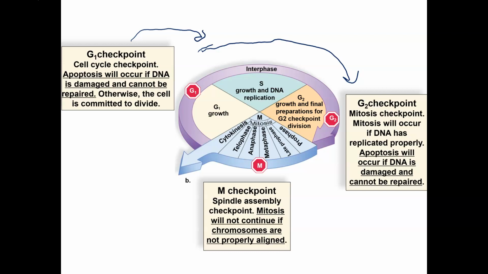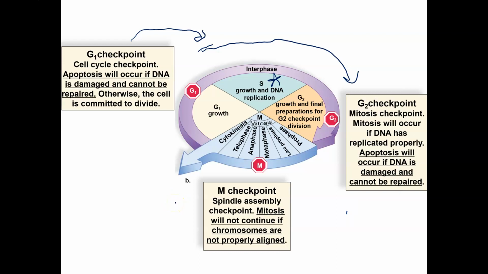Again, this is all about that DNA right here. If DNA was replicated properly and the cell is large enough, the cell is going to then enter the mitotic phase. If there's any damage in the cell, or if the DNA is damaged, then the cell is going to, again, undergo apoptosis if it can't fix itself.